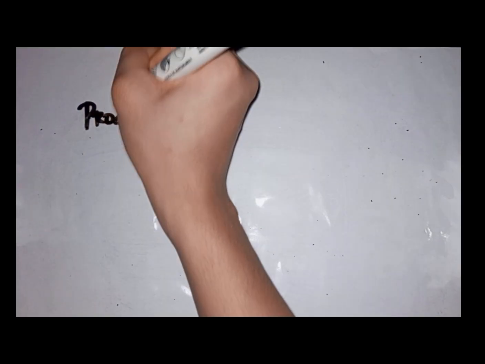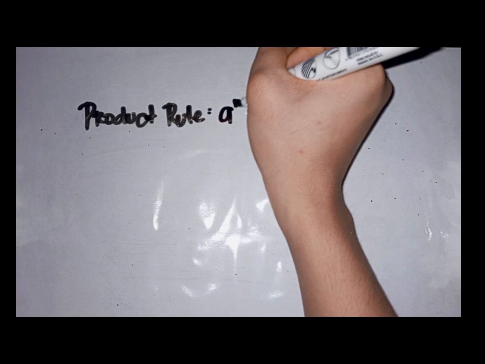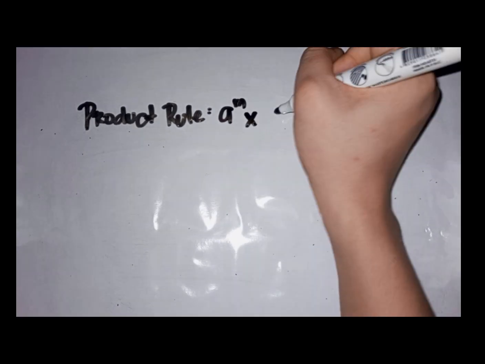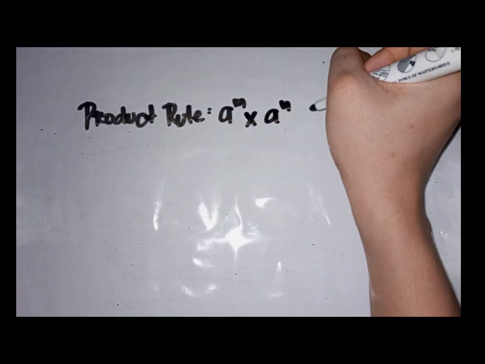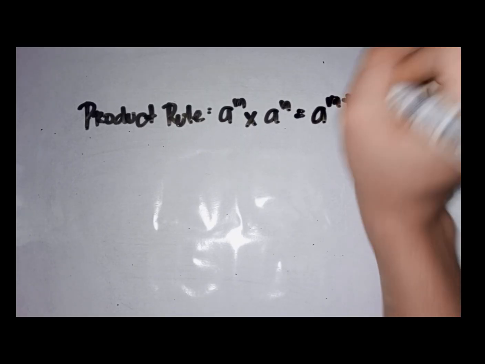They might seem like a lot to remember at first, but with practice, they'll become second nature. So, a final recap. What is the formula for our product rule? It is a raised to m times a raised to n is equal to a raised to m plus n.